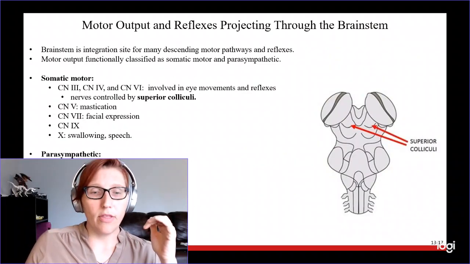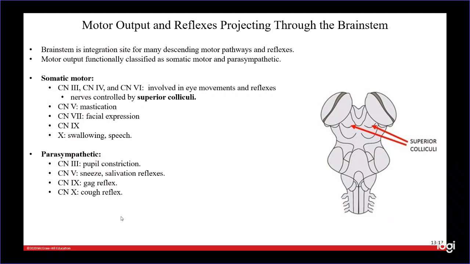All right, with this particular slide, I don't need you to know the cranial nerve specifically, but I need you to know what the somatic motor region does. So eye movements, reflexes, chewing, facial expression, swallowing, speech, all of that stuff going on primarily with your face happens in the somatic motor area of the brainstem.